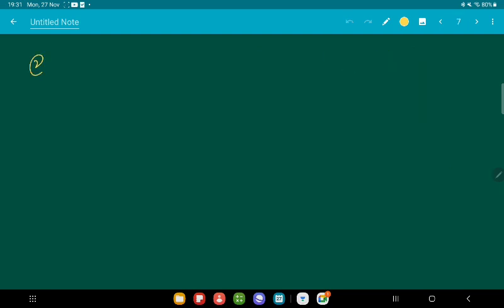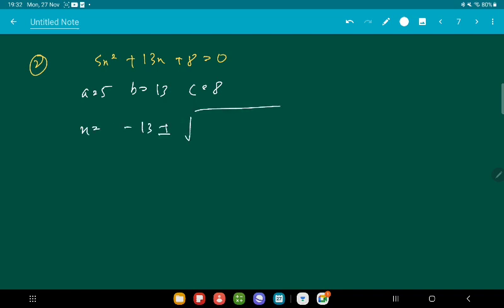Okay. The second equation is 5x square plus 13x plus 8 equals 0. So here, if you compare, a equals 5, b equals 13, and c equals 8. Now I'm directly using the formula, as you all should know it by now. Minus 13 plus minus under root 13 square minus 4 into 5 into 8, upon 2 into 5.